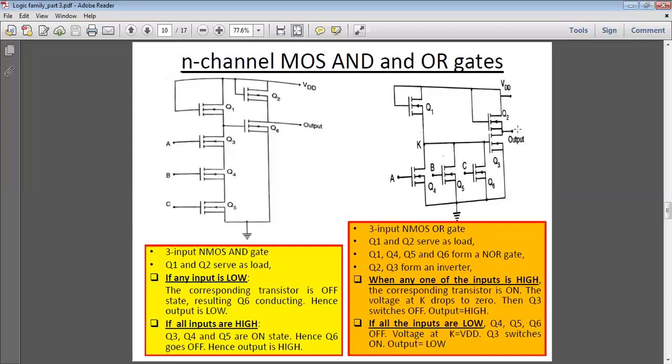If all the inputs are low, means Q4, Q5, Q6 are in the off state, and the voltage at point K is high, equal to VDD, then Q3 gets the voltage, that means we get low output. So this right hand side circuit acts as OR.